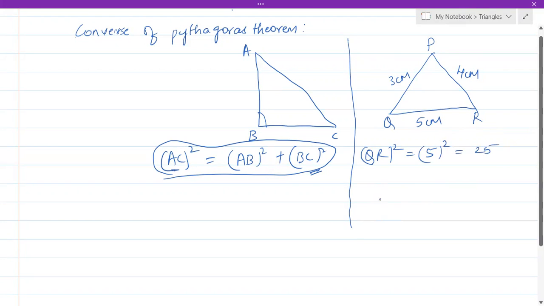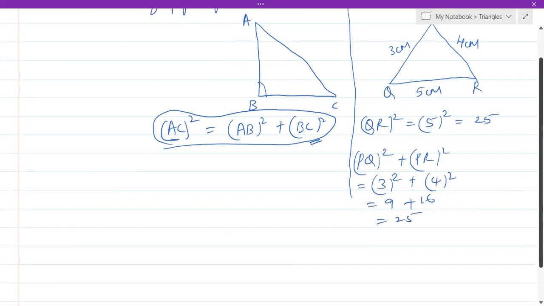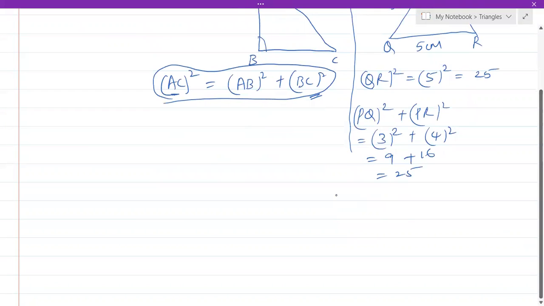Okay. Let's square the other two sides and add it. That is PQ square plus PR square. The other two sides, we are squaring it and adding it. PQ is 3 square, PR is 4 square. 3 square is 9 plus 4 square is 16. Therefore, we got 25. So what we have got here is, we have got that QR square is actually equal to PQ square plus PR square.